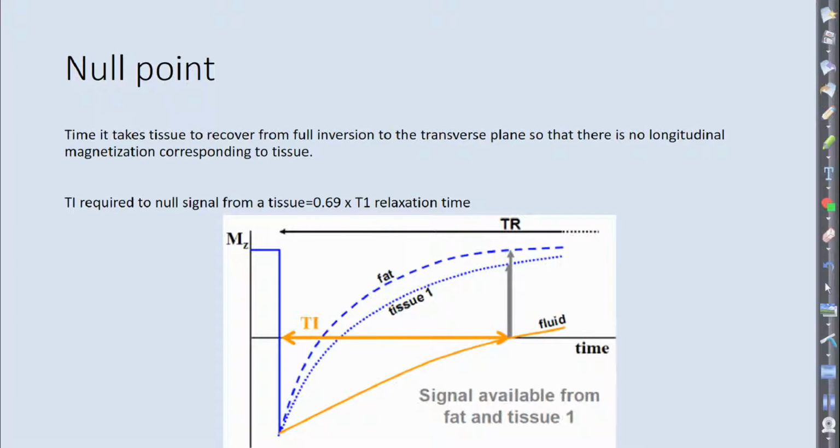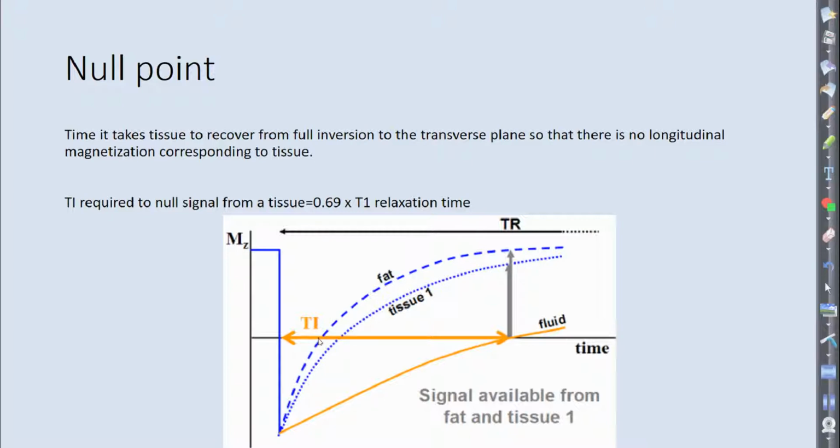So this is just showing how you calculate that null point, that inversion time, that tau, TI time. The null point is basically the time it takes the tissue to recover from full inversion to the transverse plane. Because remember, 180, it flips at full saturation. All those tissues start to relax.